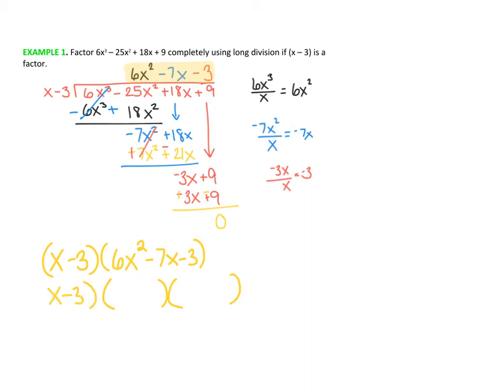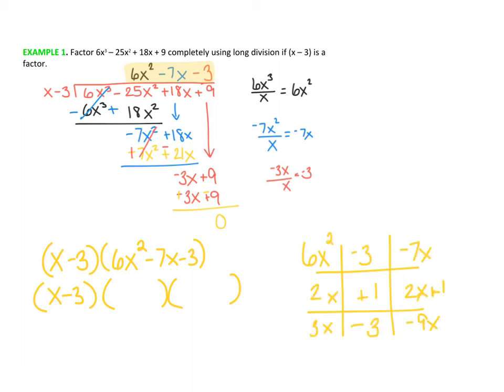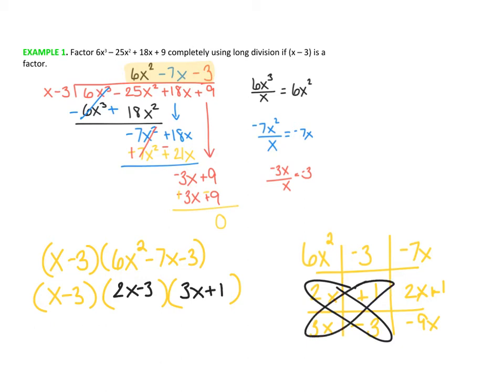So I'm going to bring down the x minus 3, and you need to factor that by the method of your choice, whether it be guess and check, or those of you who use the tic-tac-toe method. And when I factor this, I get 2x minus 3 and 3x plus 1. And now that cubic function is completely factored.